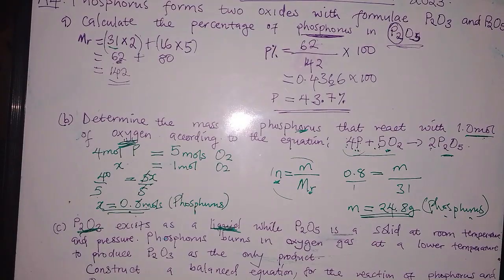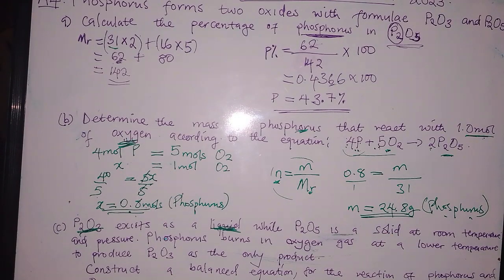So this is where the question ends. We started by calculating the percentage, where first you need to calculate the molecular mass of the compound. Second, you calculate the molecular mass of the element you want. Then you use the fraction, the amount of the atom divided by the total molecular mass of the compound.